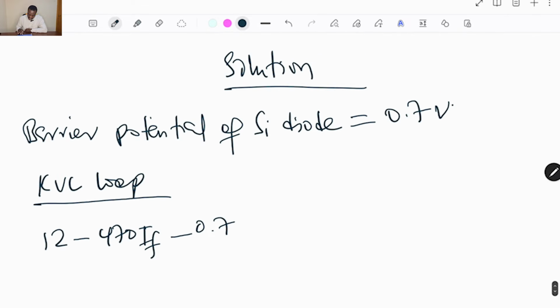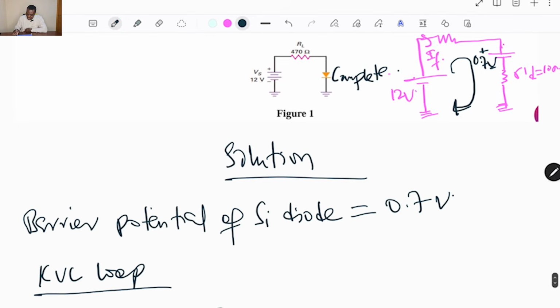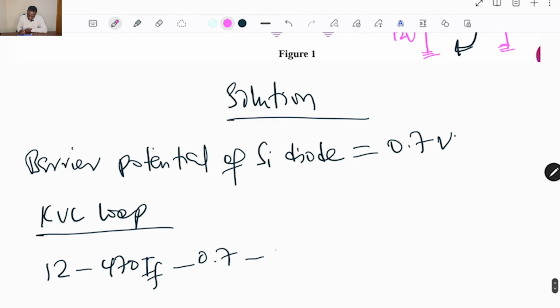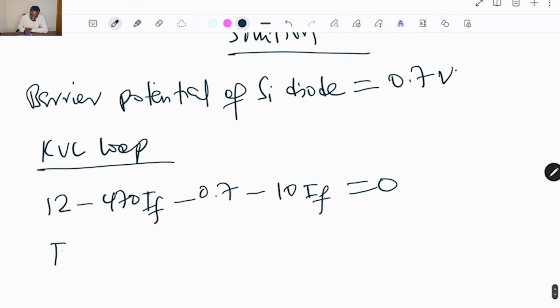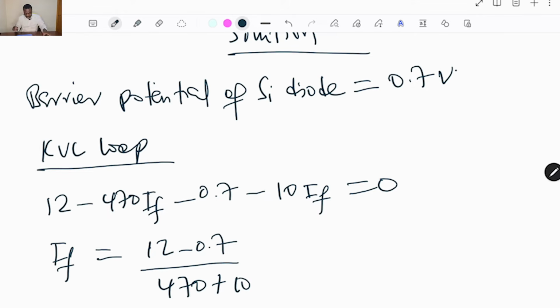The current that will pass through RD is going to be the forward current as well. So I have 10 times the forward current, and the equation equals 0. As a result, we have 12 minus 0.7 over 470 plus 10.